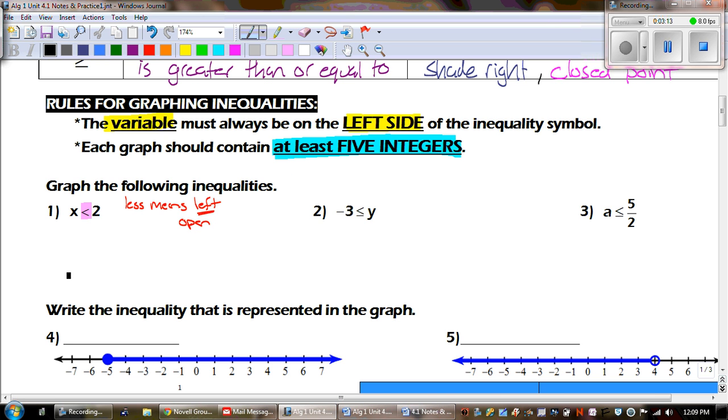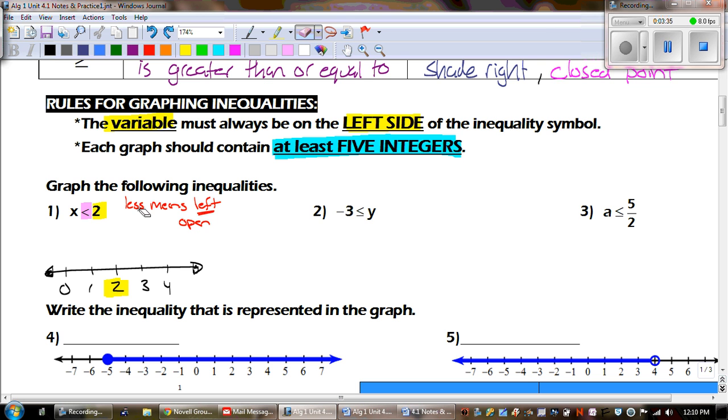So when we have to graph it, you're going to draw a little number line yourself. We're always going to put the number that we see right here, 2, in the middle. And then I go 2 numbers above and 2 numbers below.